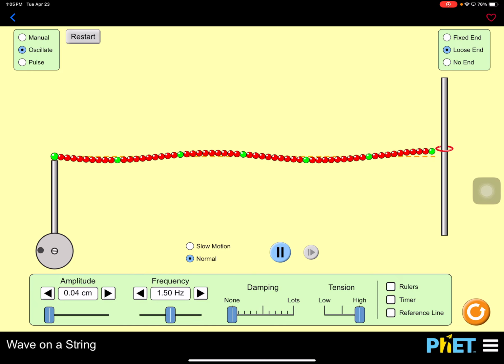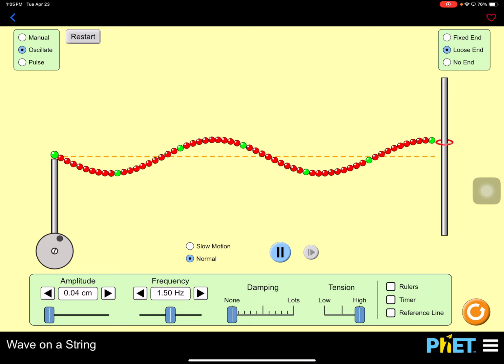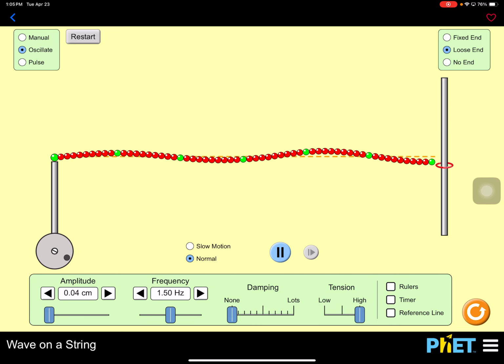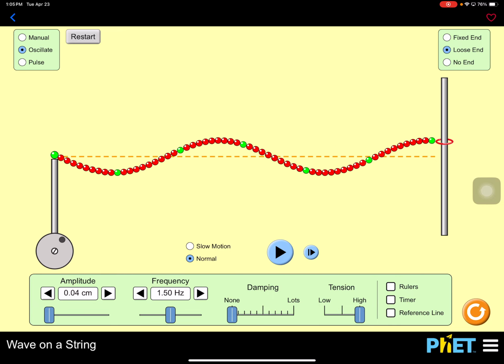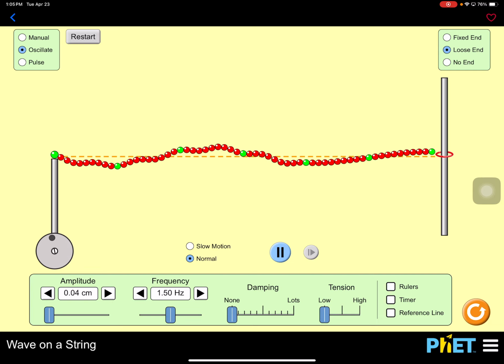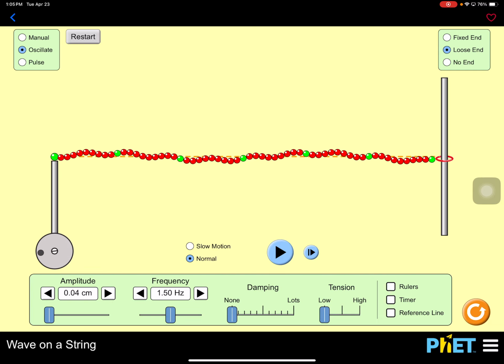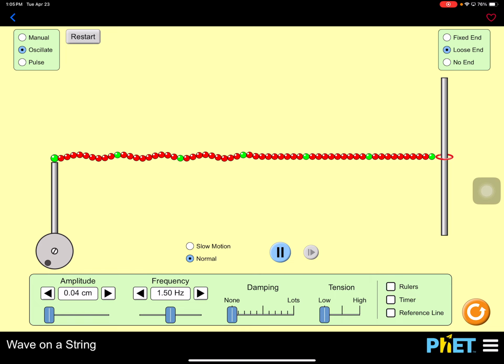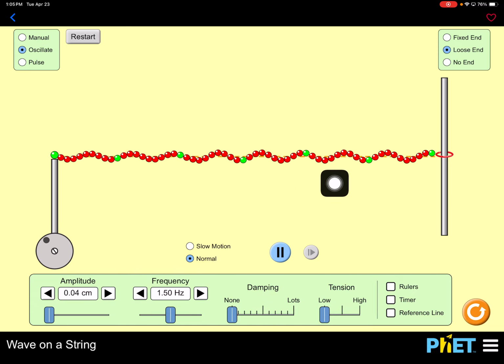Can you tell what happened? What was the difference besides the wavelength? When the tension decreases, the wave velocity decreased.